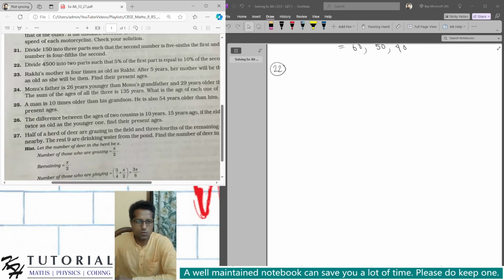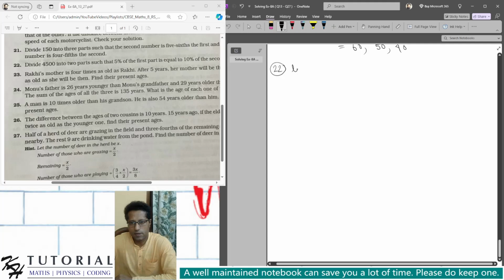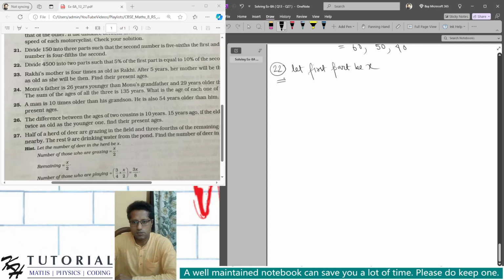Okay, so let the first part be x. Since we are dividing 4,500 into two parts, the second part will be equal to 4,500 minus x. This is the second part.